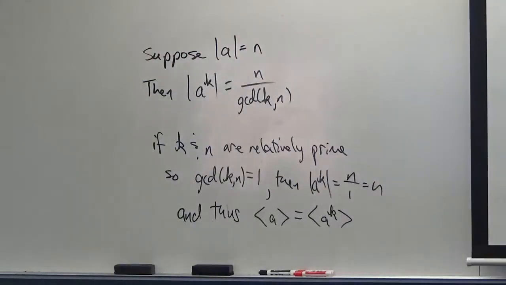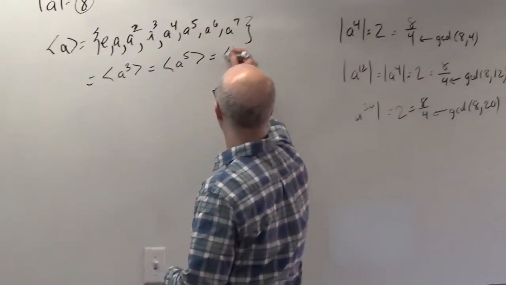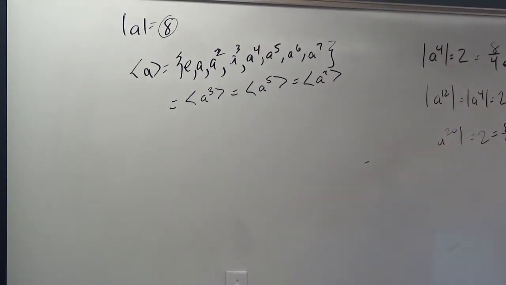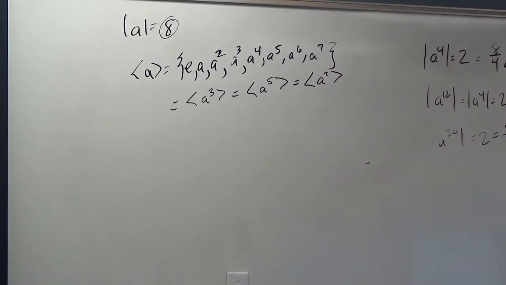Coming back to our example, the generators of this cyclic group are going to be a itself, also a cubed, also a to the 5th, also a to the 7th. 1, 3, 5, and 7 are the positive integers less than 8 that are relatively prime to 8.